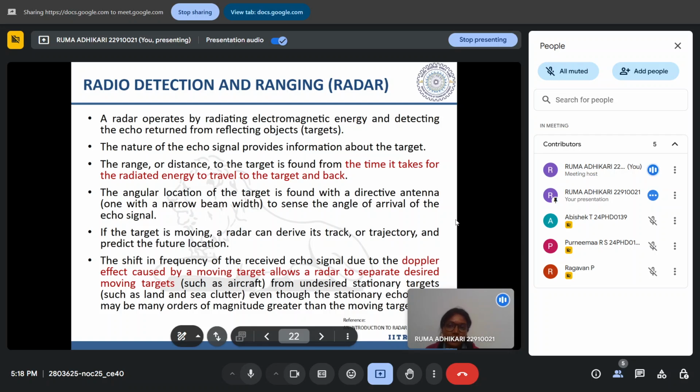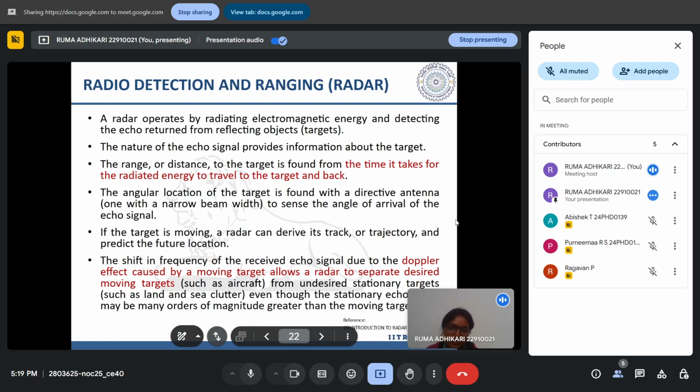And the range or distance, these terms are very important. The range to the target is found from the time it takes for the radiated energy to travel to the target and back. The angular location of the target is found with a directive antenna with narrow beam width to sense the angle of arrival of the echo signal.